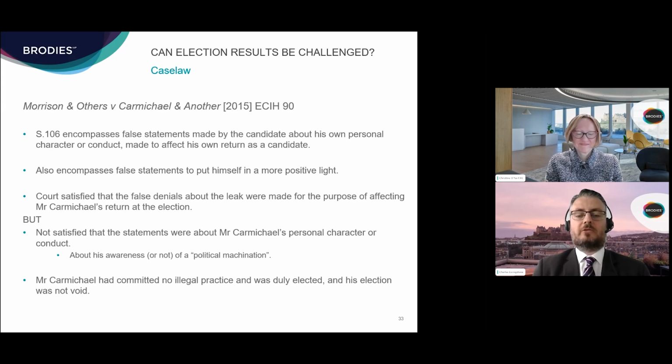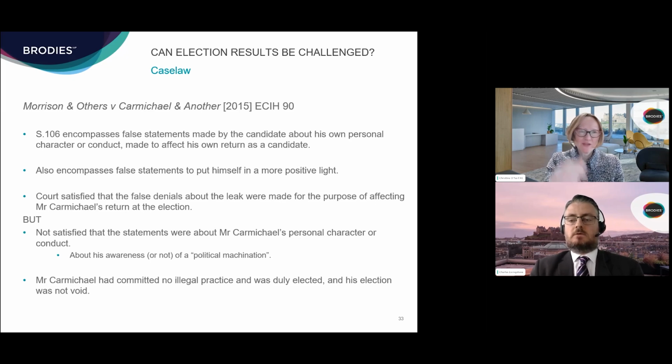He wasn't saying he was not the sort of person who would ever do a leak. He was just saying that he had in fact not leaked the information, and that was the false statement. So the court decided that he had not committed an illegal practice and had been duly elected, and his election was therefore not void. Christine?